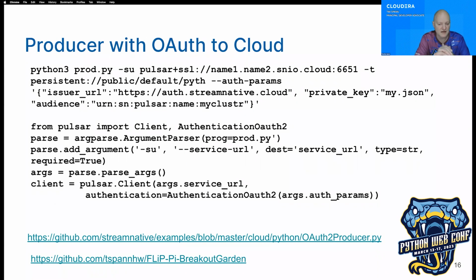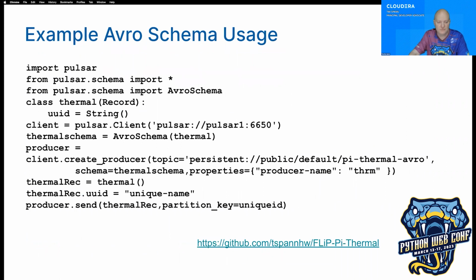I use the authentication library from Pulsar, parse my arguments, and pass them along when I create my Pulsar client before I create my producer. Pretty straightforward. Information is linked below, and then boom, you're sending stuff to your cluster.